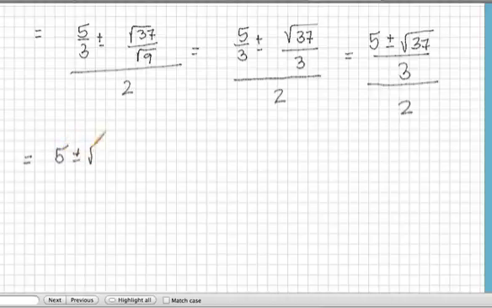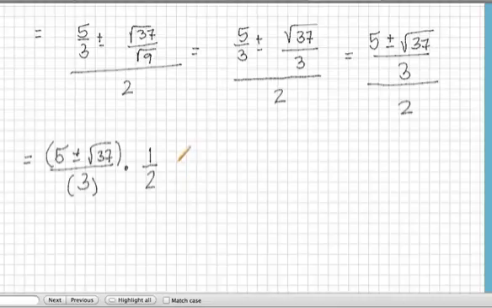So 5 plus or minus the square root of 37 over 3 times the reciprocal of 2. I'm going to go ahead and put these in parentheses just in case, and I'm going to simplify. So 5 plus or minus the square root of 37 times 1 just simplifies to 5 plus or minus the square root of 37, and the bottom simplifies to 6. And that is your final answer for this problem.